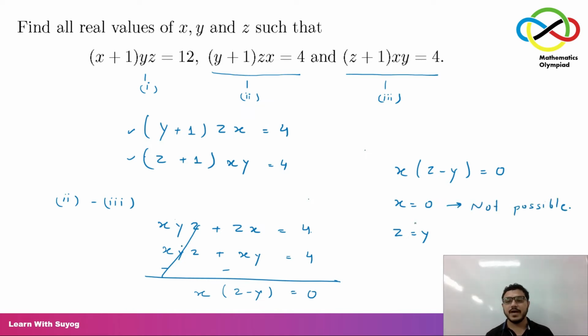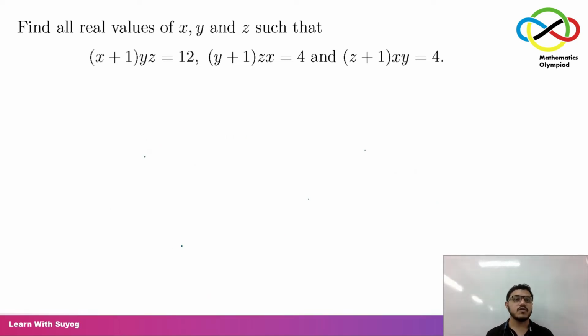We get one important result: z is equal to y. Now we can clearly convert these equations into only two variables, x and y. So how to proceed next?